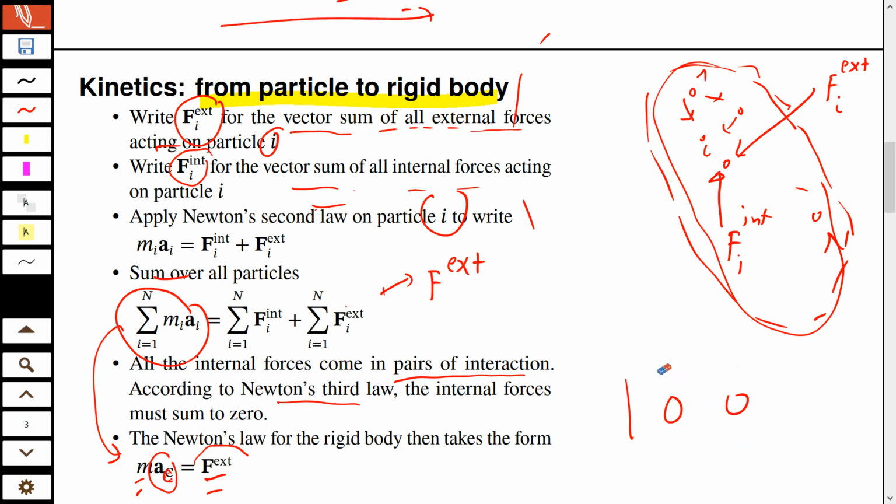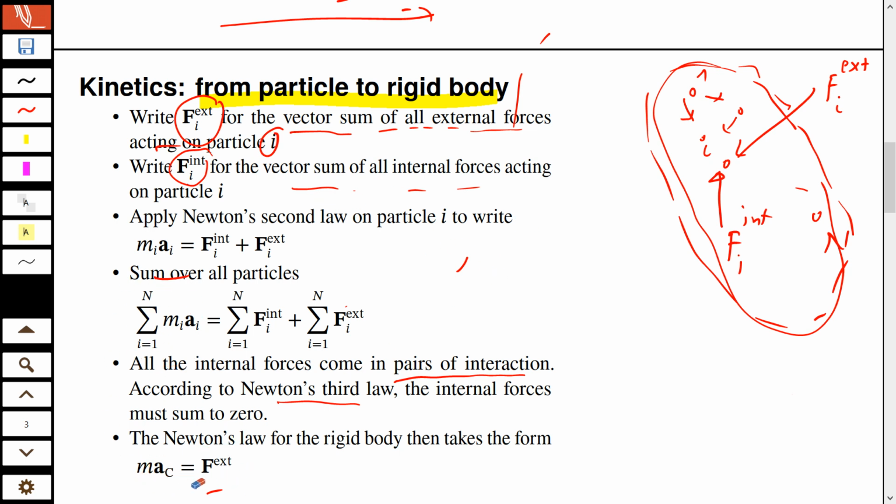But if this is my system, then the force from this particle on this particle will not cancel out, because now this is my system. So external forces don't cancel out. If they cancel out by chance, that will be simply because they are balancing, not because they are action-reaction.